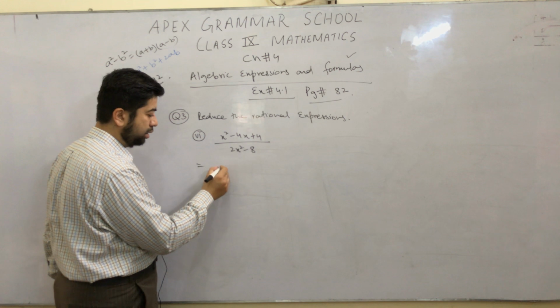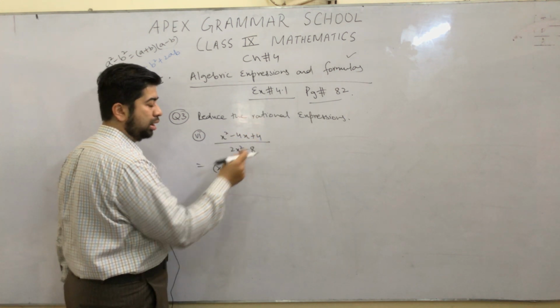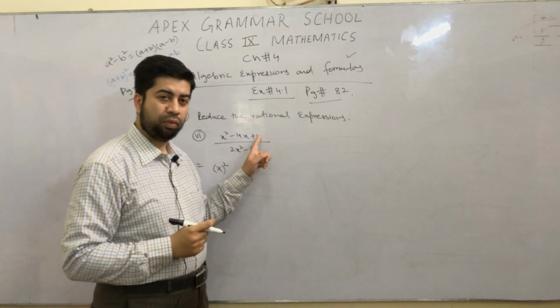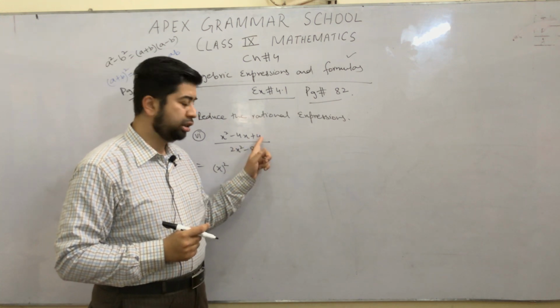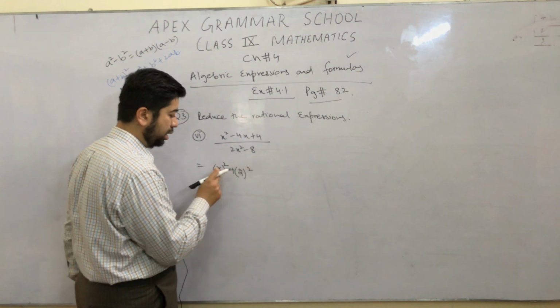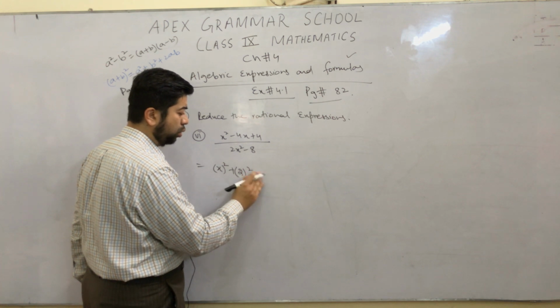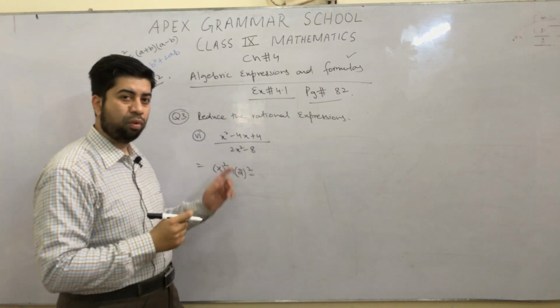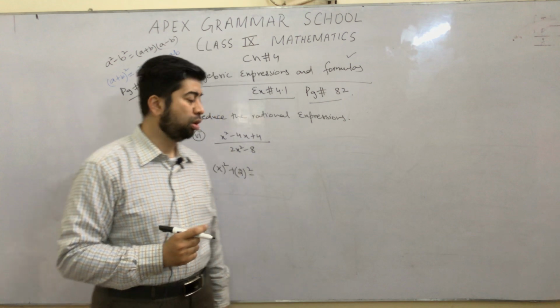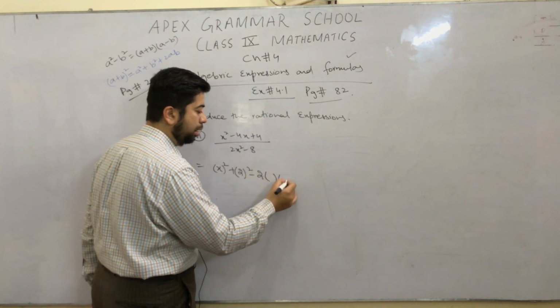That is x square, and for 4, which integer's square will be 4? That is 2 square. You can think a square plus b square, and after that minus 4x. You can write it in the form of minus 2ab.